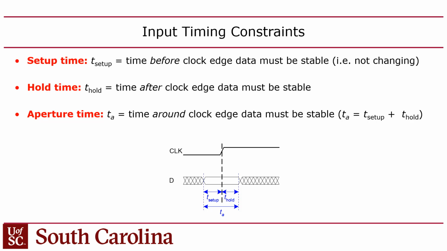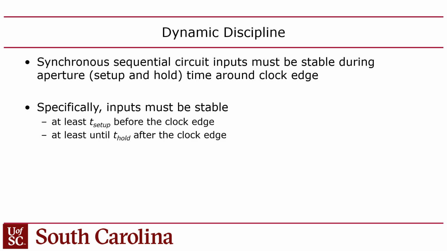It'll be at a voltage between logic 0 and logic 1, but it won't stay there permanently. It will eventually go to 0 or 1, and then everything will be fine. But it'll be in what they call the forbidden zone between logic 0 and logic 1 for some amount of time, and you don't want that to happen. So the goal is to avoid changing any flip-flop inputs during the aperture time.